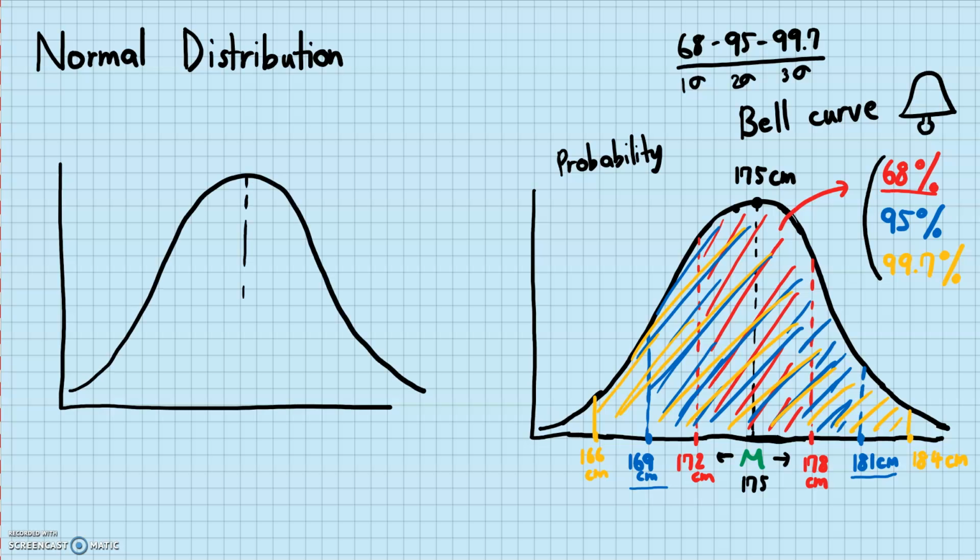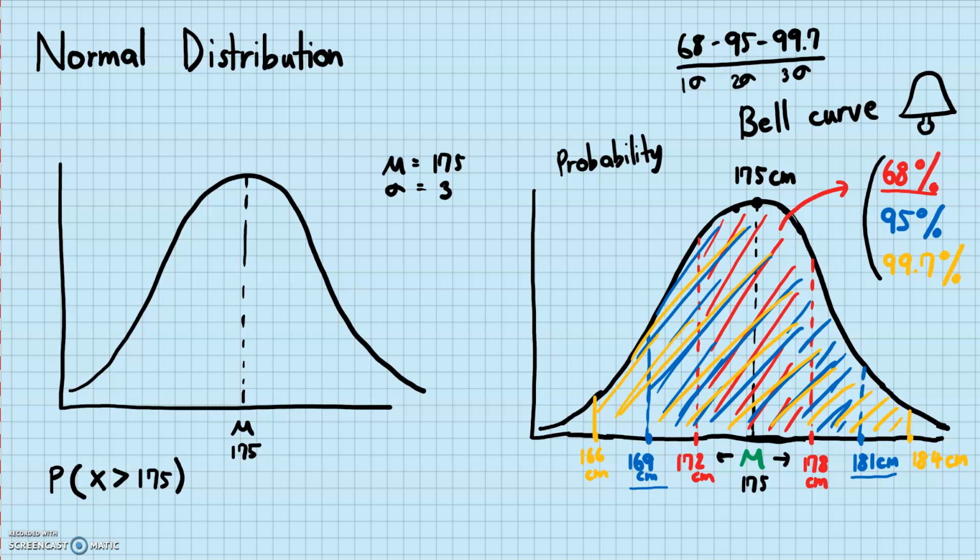Okay, and I have the mean towards the middle. Now, let's say we'll use the same mean and the same standard deviation. So mean equals 175, standard deviation equals 3. Now let's try and calculate some probability. So what would the probability be that x is greater than 175?